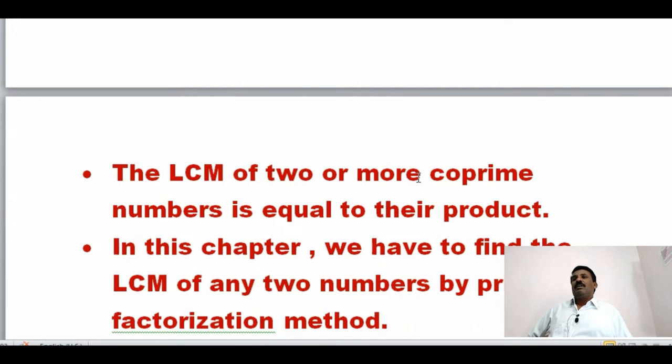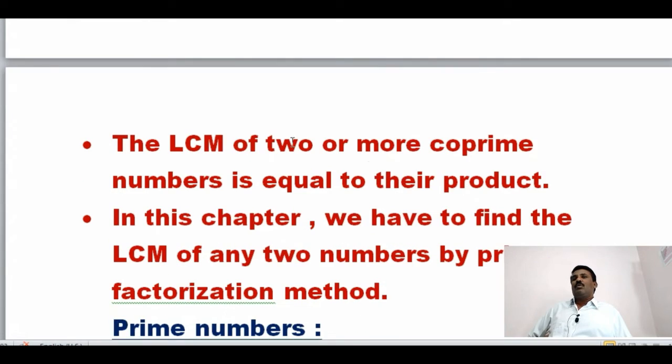And the next point is that the LCM of two or more co-prime numbers is equal to their product. Suppose co-primes are given to find the LCM, you should just multiply the co-primes to get the LCM. Their product itself is the LCM.